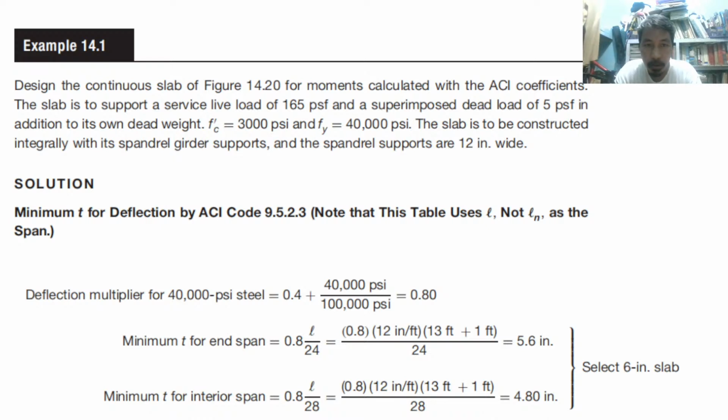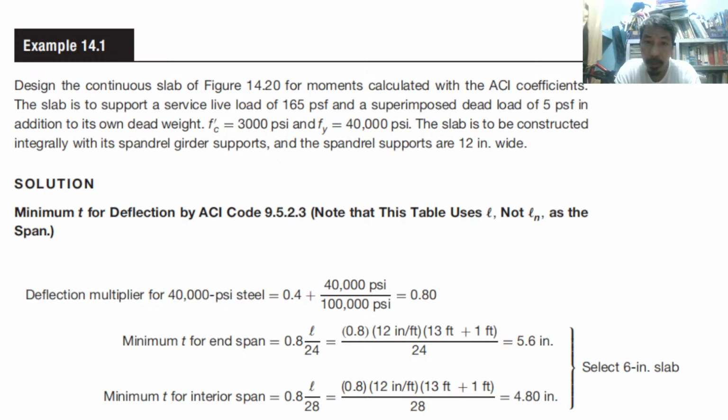Okay, the example in designing a continuous slab of the given figure, which I will show you later. Design that continuous slab for moments calculated using ACI coefficients. The slab is to support a service live load of 165 and a superimposed dead load of 5 PSF in addition to its own dead weight.